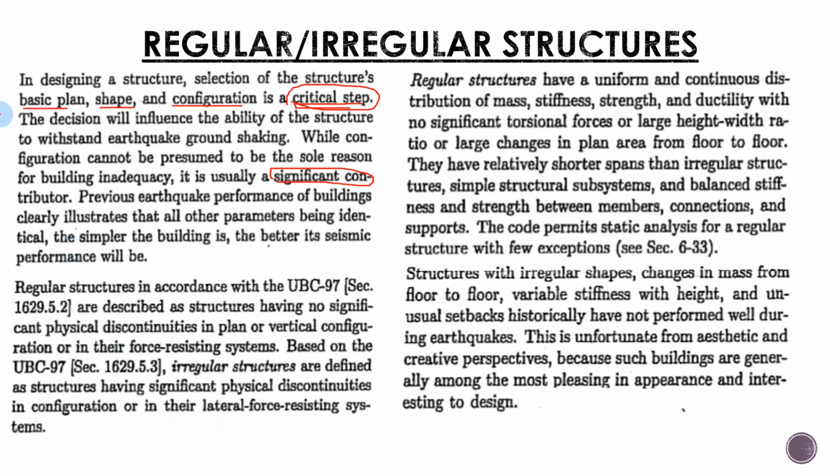So regular structures in accordance with the UBC 97 are described as structures having no significant physical discontinuities in plan or vertical configuration or in their force resisting systems. So based on UBC 97, irregular structures are defined as structures having significant physical discontinuities in configuration or in their lateral force resisting systems.